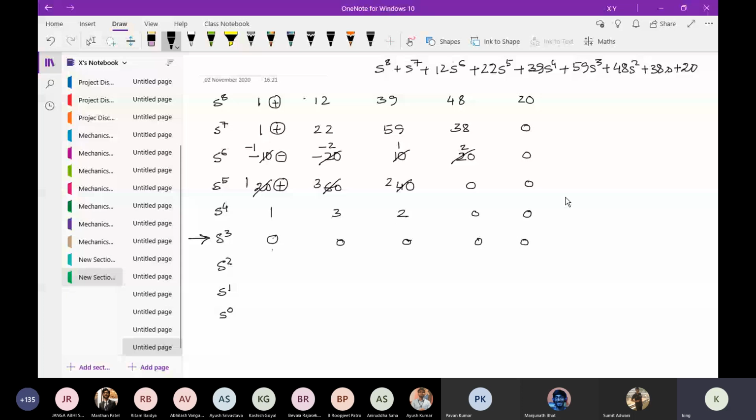So I'll have P(S). Sir, 3S square. Oh, yes, sorry. Yes, it has to be an even polynomial, right?